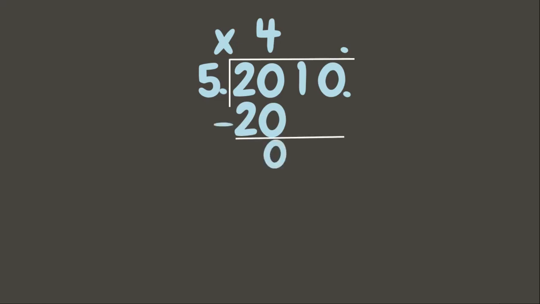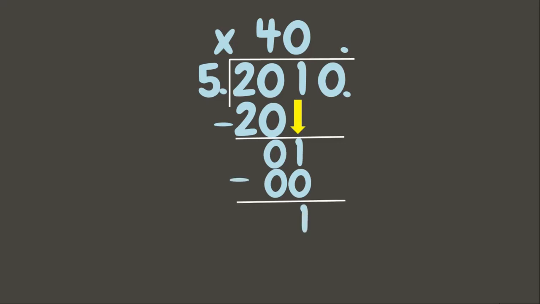2010 divided by 5. 20 divided by 5 is 4. 4 times 5 is 20. 20 minus 20 is 0. Let's bring down 1. 1 divided by 5 is 0. 0 times 5 is 0. 1 minus 0 is 1.